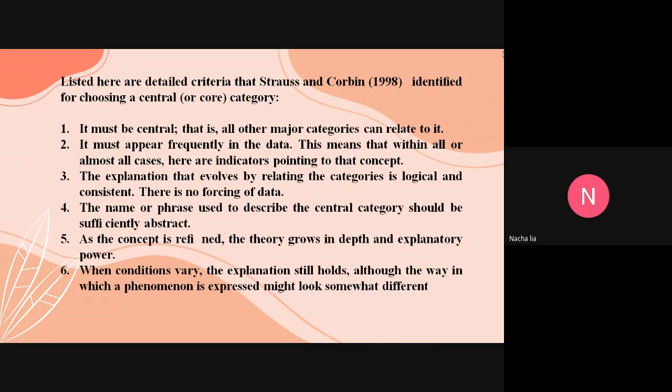The third one, the explanation that evolves by relating the categories is logical and consistent. There is no forcing of data. The next, the name or words used to describe the central category should be sufficiently abstract. As the concept is refined, the theory grows in depth and explanatory power. And the last one, when conditions vary, the explanation still holds, although the way in which a phenomenon is expressed may look somewhat different.